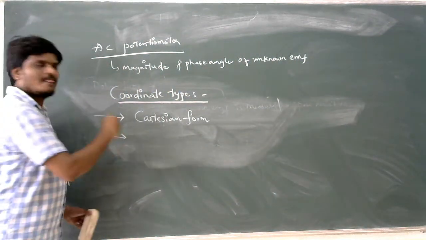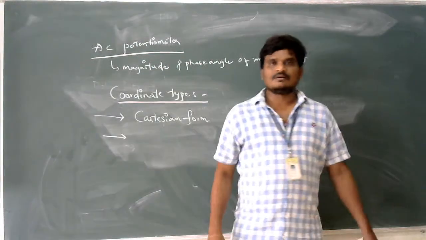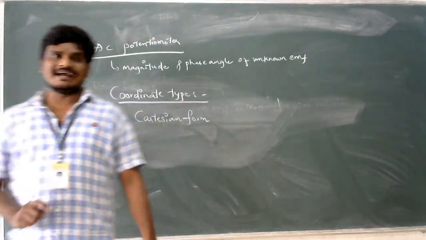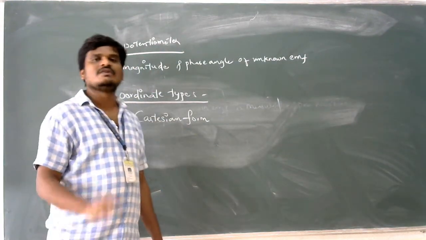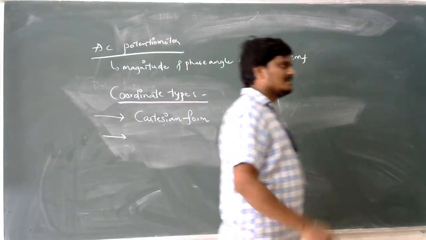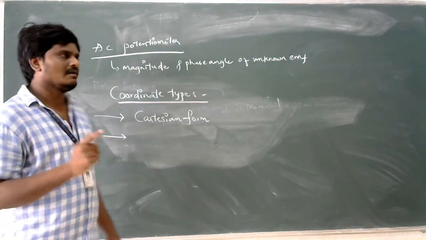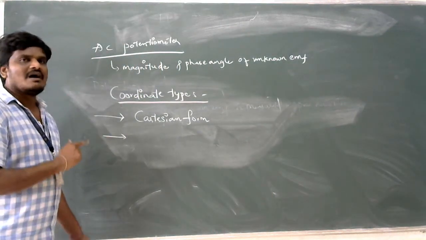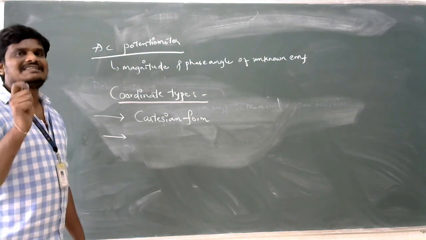That is, the magnitude is represented in one form and the phase angle is represented in some other form with respect to a standard axis. The magnitude of the unknown EMF and the phase angle of the unknown EMF are studied in detail with respect to the standard axis.